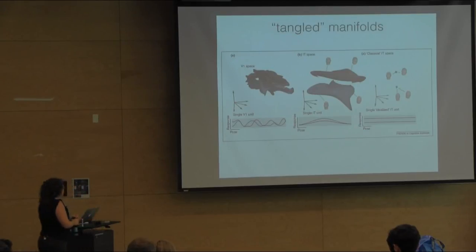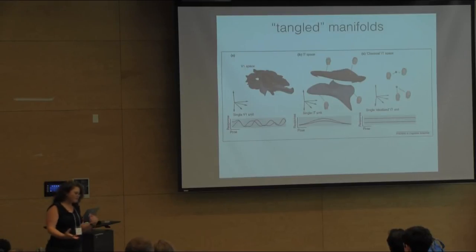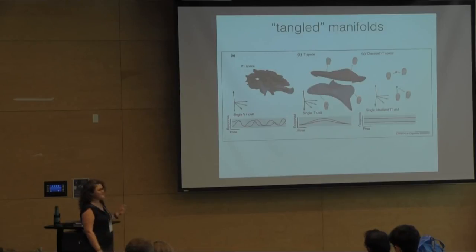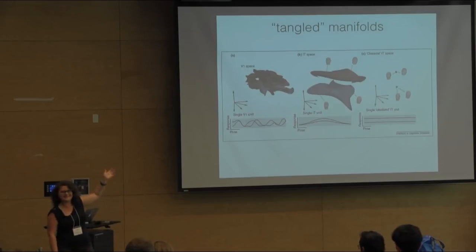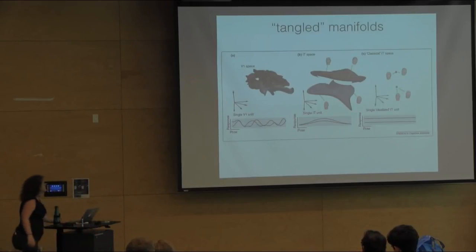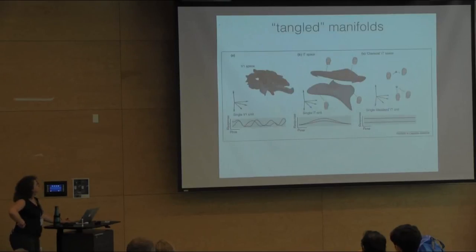What people claim in a lot of dimensionality reduction that uses neural networks, or even in supervised architectures for object recognition, is that your data doesn't live on any of these nice models I described before, but on weird interconnected, entangled manifolds. There are ways to take this union of subspaces model and convert it into unions of manifolds, which becomes closer to this tangled manifolds idea.